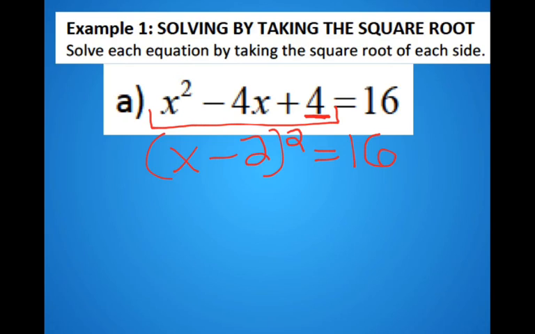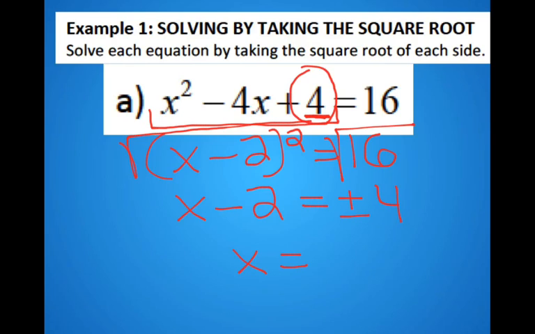In other words, there's kind of like already this c that's been added, if you want to think of it that way, but it's already a perfect square. So then you just proceed and you take the square root of both sides, so that leaves you with x minus 2 on the left, and then plus and minus the square root of 4, and then we're going to add that 2 over, so 2 plus and minus 4, and you can see we get two answers out of this, 2 plus 4, which would be 6, and 2 minus 4, which would be negative 2.